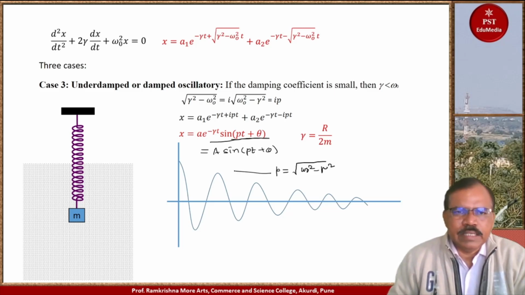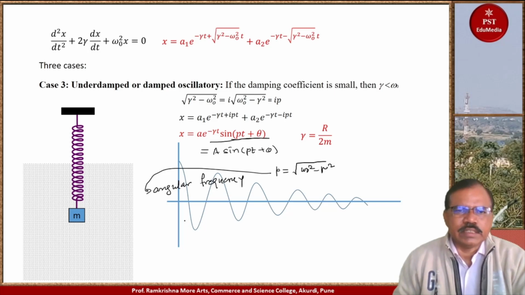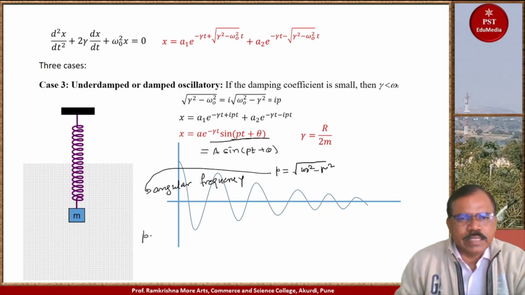This p is called the angular frequency of damped oscillations. So I can write p is equal to square root of k by m minus gamma square, that is r square upon 4m square.